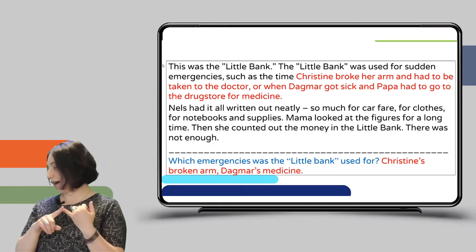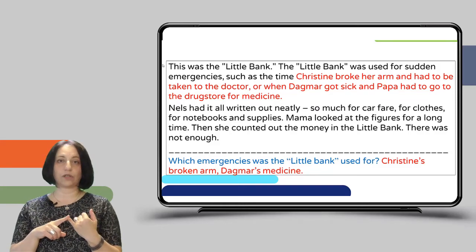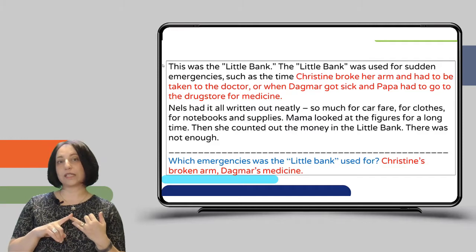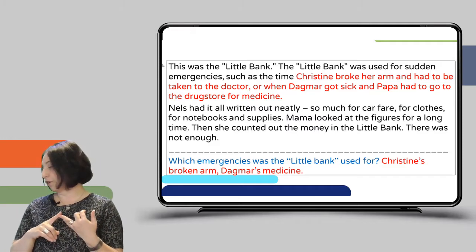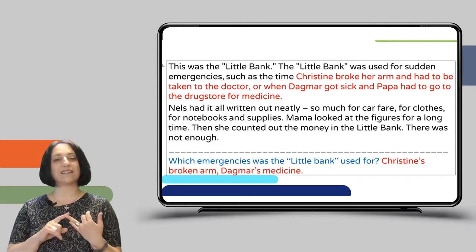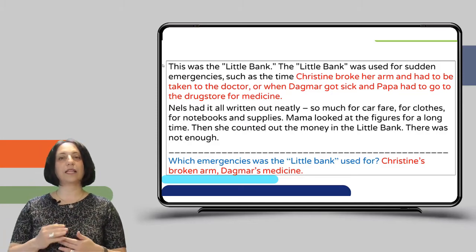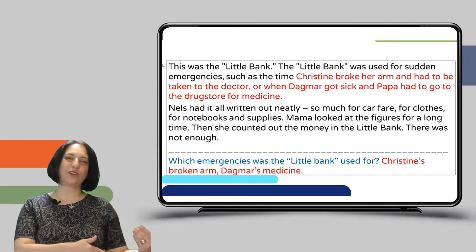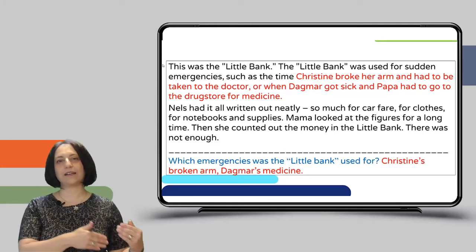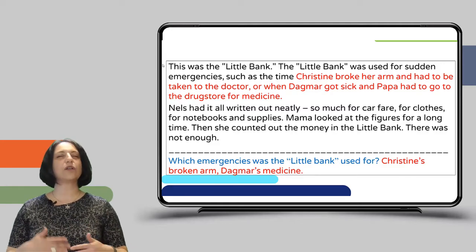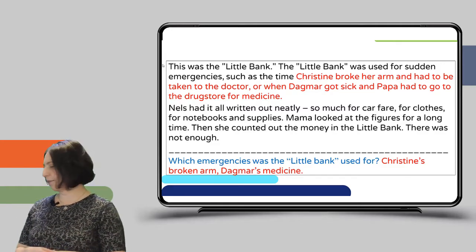Christine broke her arm and had to be taken to the doctor. That costs money. Dagmar got sick and Papa had to go to the drugstore for medicine. So there are two things here that the little bank was used for. And we know that Nels also needed money for high school. So that's another, but that's not such a sudden emergency.